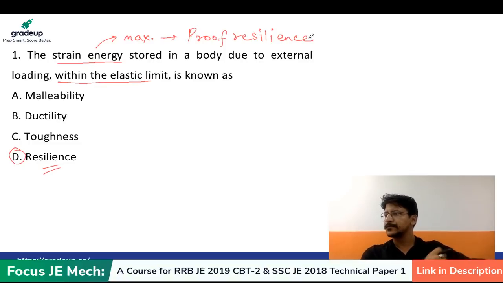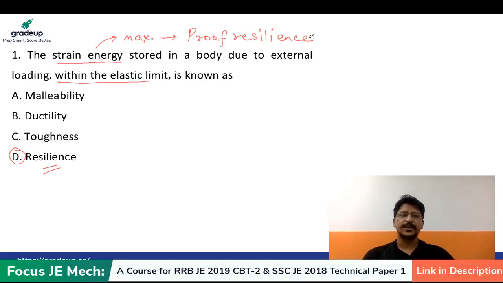So maximum is known as proof resilience, and within the elastic limit, any kind of strain energy stored is known as your resilience. Correct?